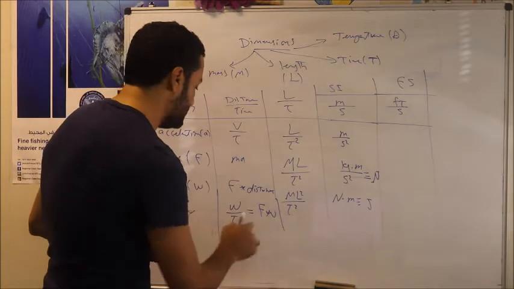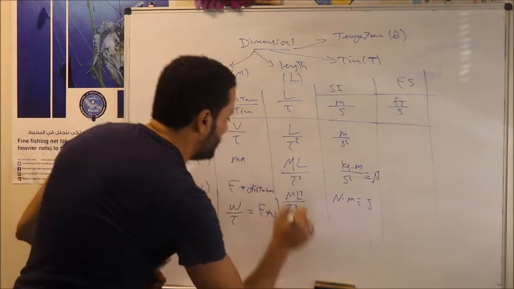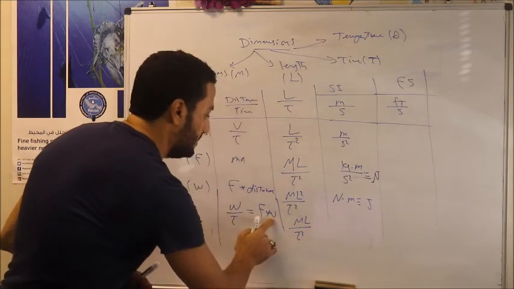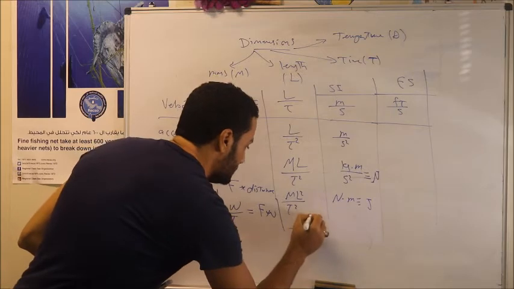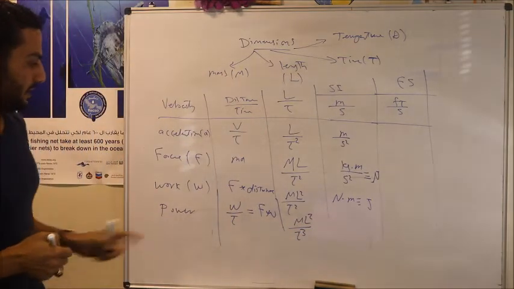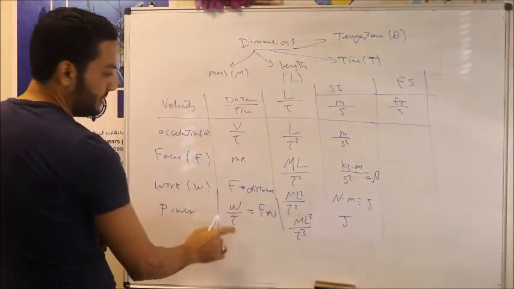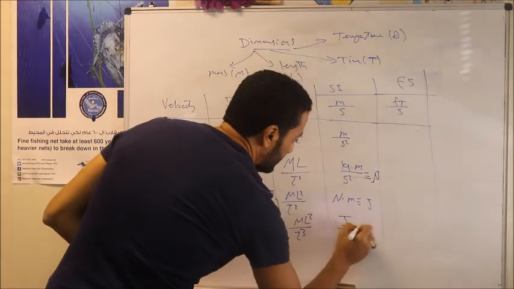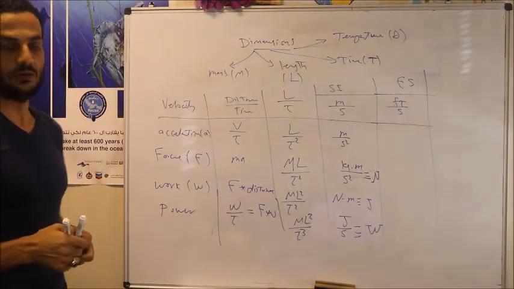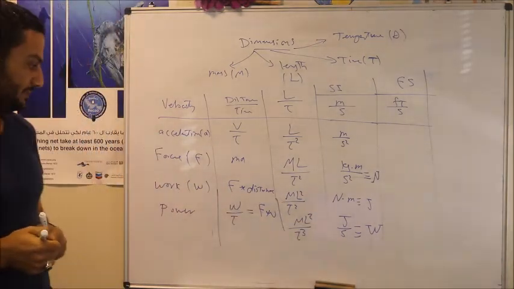So the dimension in this case will be the dimension of force, which is mL divided by t square, multiplied by the dimension of velocity, which is L divided by t, so this t will be t cubed. And in this case the power will be the unit of work per unit time, so it will be joule per second. And joule per second is equivalent to watt. So we have 1 watt is equal to 1 joule per second.